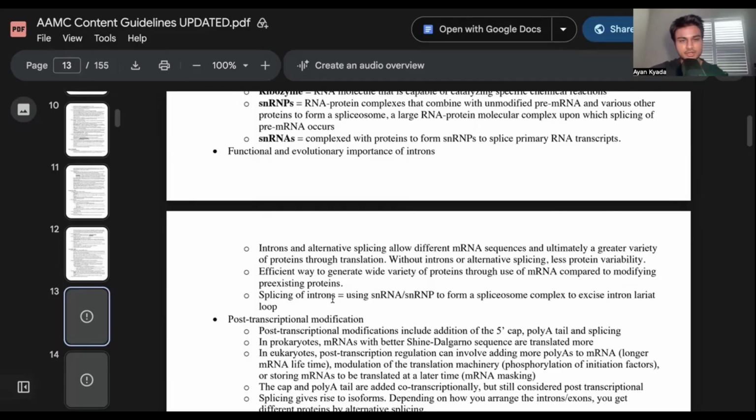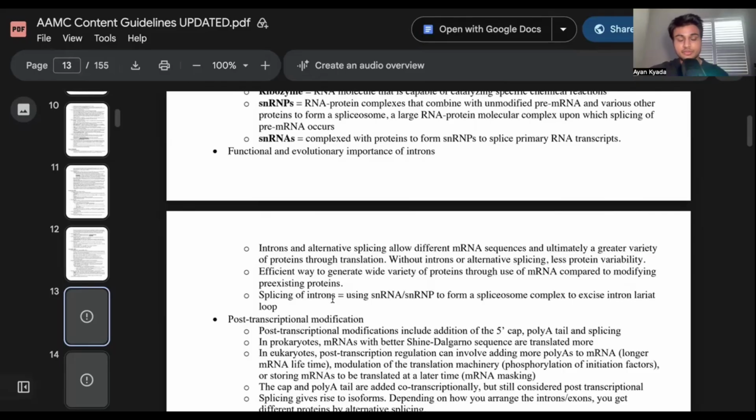So if you ever see the term isoform, it essentially refers to different protein products being formed from the same mRNA complex. And this mRNA is going to be filled with exons and introns. Exons are coding regions that are sent to the ribosome for translation, while introns are non-coding regions that are removed.